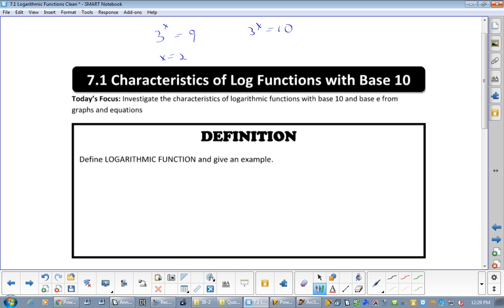y1, y2. Okay? So what would it be if you y1, y2 it? 3 to the x in y1, 10 in y2. As soon as you get it, yell it out.